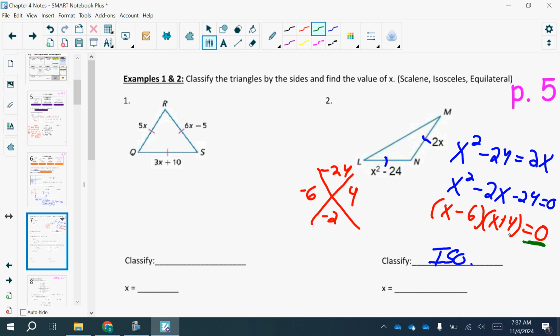Which again is all just a fancy way of saying take each factor, set it equal to 0. When you set x minus 6 equal to 0, you get x equals 6. When you set x plus 4 equal to 0, you get x equals negative 4. And we will always take the positive solution in this course.